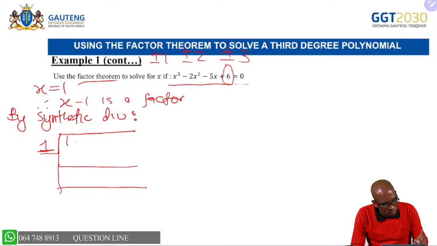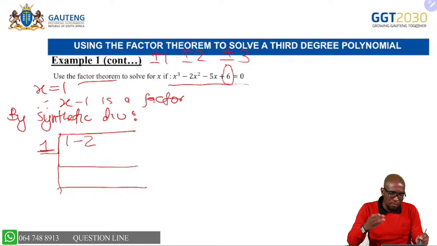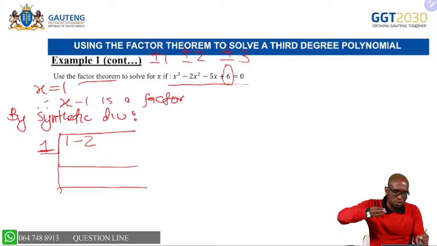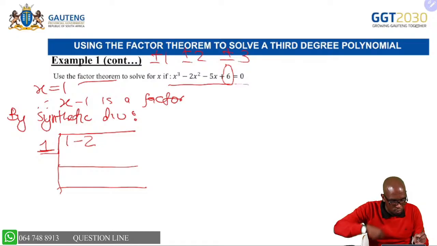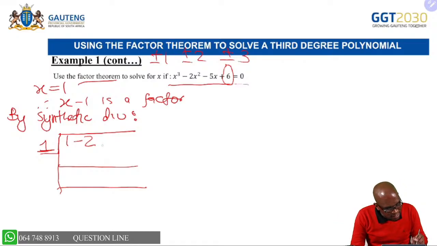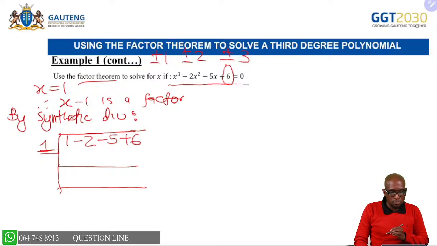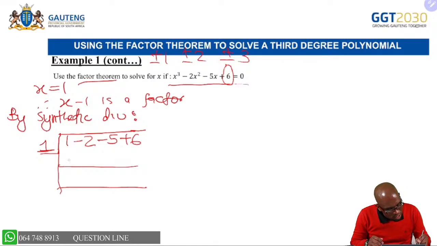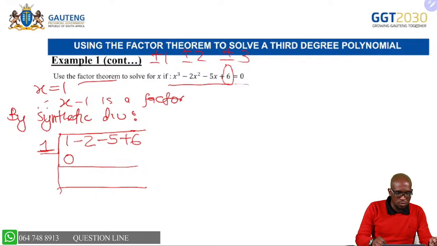The coefficient of x squared is minus 2. Remember, if I did not have a value that contains x squared, the coefficient is going to be 0. So the coefficient of x is minus 5. The constant is plus 6. That's how I start with synthetic division. So the first value here is always 0. You always start with 0 there.